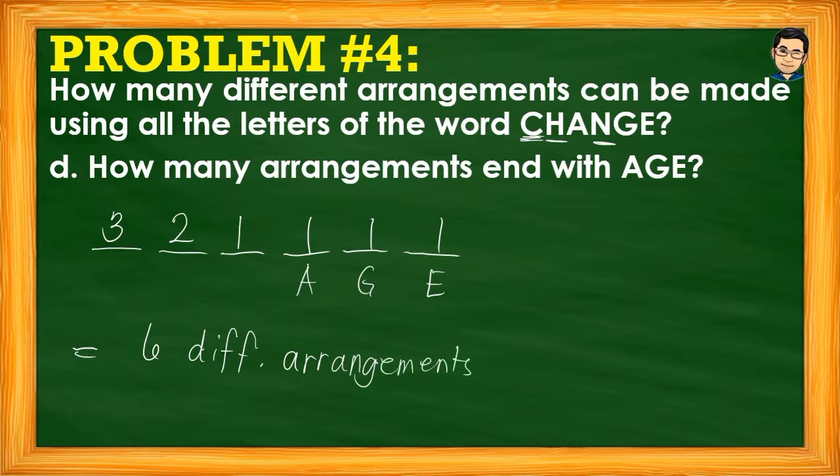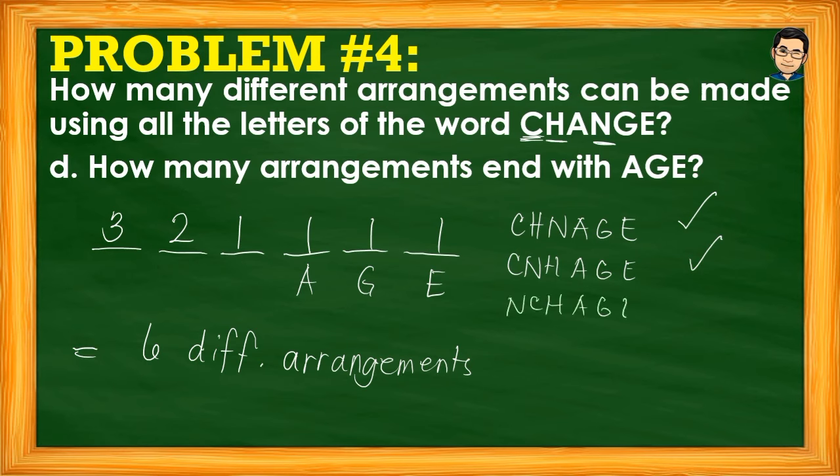So, since 6 lang naman yan, pwede nating ipakita or ilista. So, una muna, halimbawa, CHN, AGE, yan yung una. Pwede rin namang CNH, AGE, pangalawa. Or pwede rin namang NCH, AGE, pangatlo.